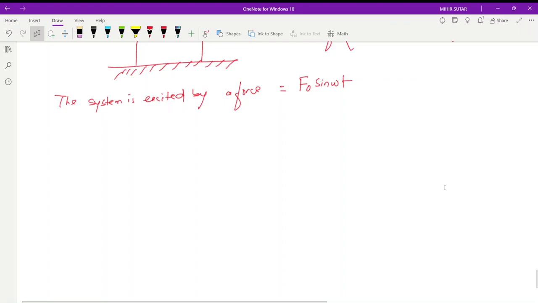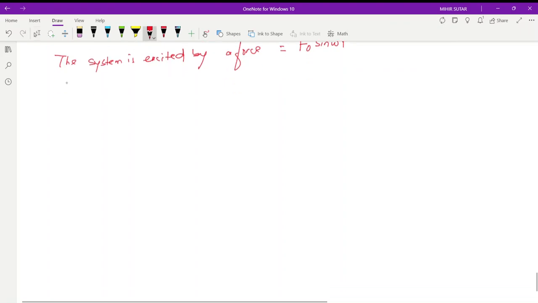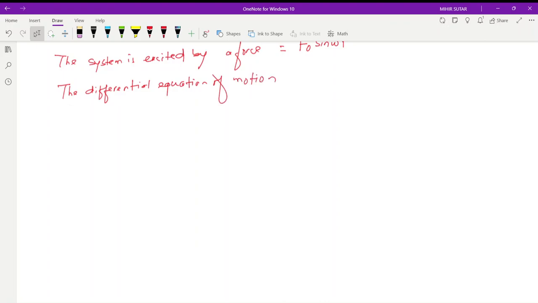And the differential equation of motion for this particular case is m x double dot plus c x dot plus k x is equal to F0 sine omega t. Let this be equation 1.